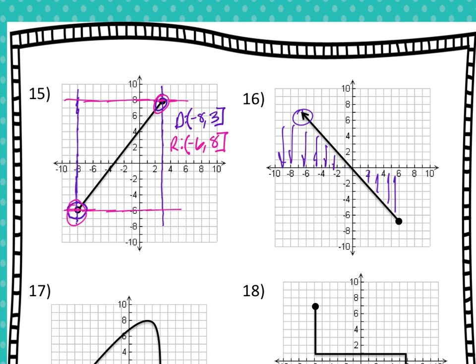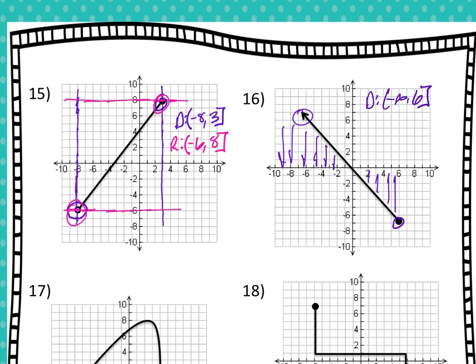So my domain for this one, and I do not know why all of a sudden I'm spelling out the word domain and highlighting it and whatever else that's going on today. My domain is going to be from furthest to the left is negative infinity because it's got the arrow right there, to the furthest to the right is 6, and it's got a solid point on the end, so it is included.